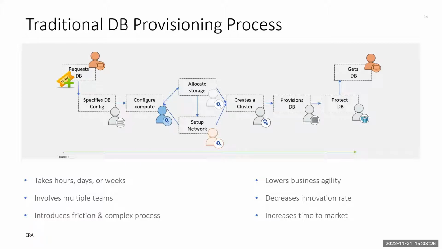The infra team will deploy the compute and the storage, allocate storage, and create a network. Then the database admins will create a database, install the database software, and also it has to be protected by the database admin. So it's a long task which may take hours, days, or weeks, and it will involve multiple teams. So it's a complex process.